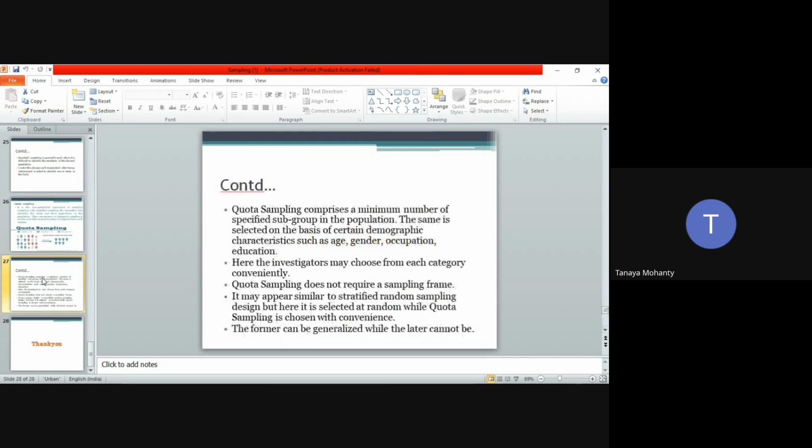So that's how we have come to an end of our topic on sampling. We still have time, so I think I will start this section on validity, the concept of validity, which is equally important when we talk about research designs. Just let me introduce you to the slides first.